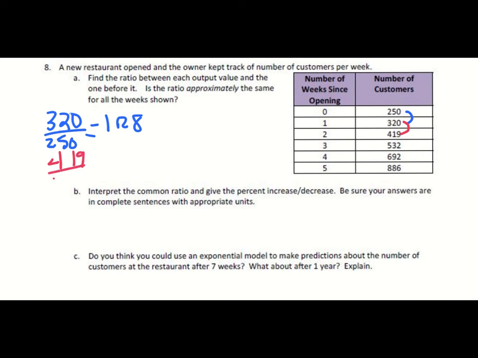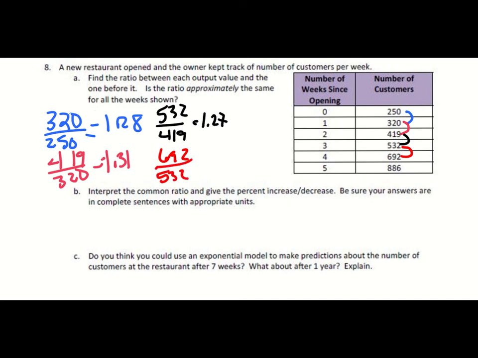419 over 320 gives me about 1.31. 532 over 419 gives me 1.27. 692 over 532 gives me 1.30.